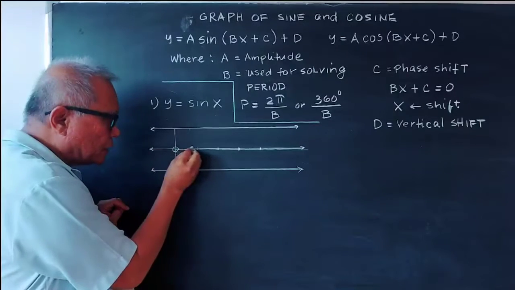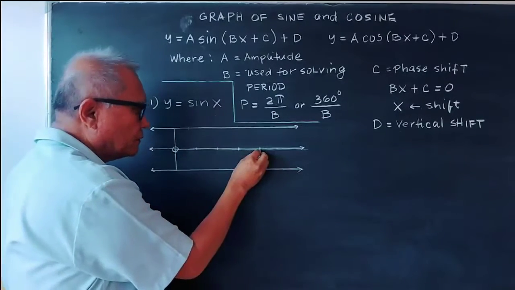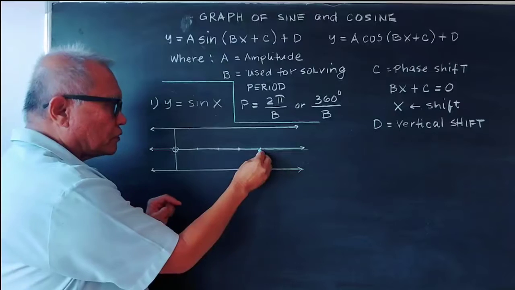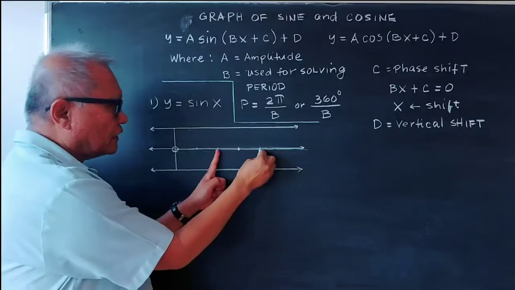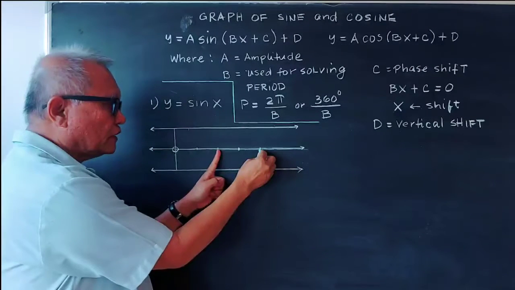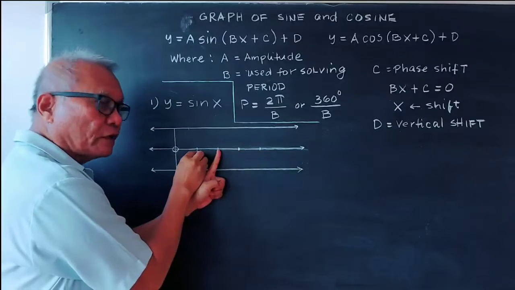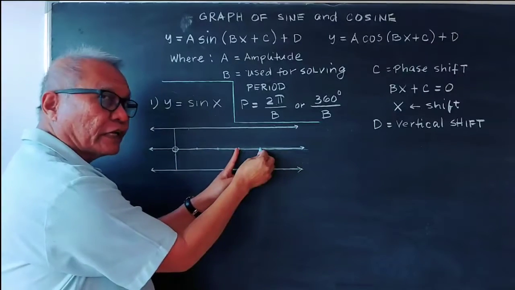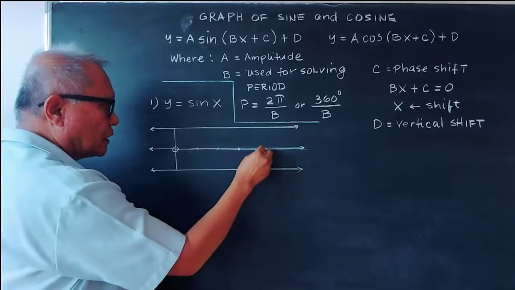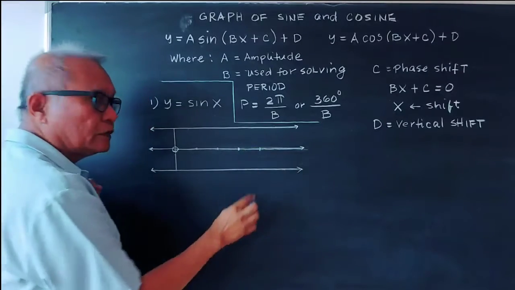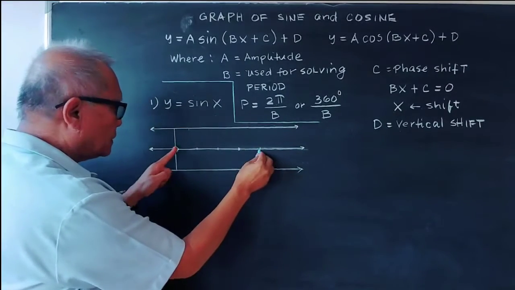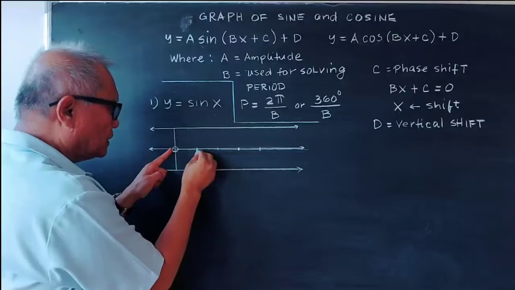From here, 1, 2, 3, 4, 5. Make sure that if we divide that one, we have the half here. We divide this half again into half, and divide this into half again. Now this one is the end here. Divide this into 2, divide it again.